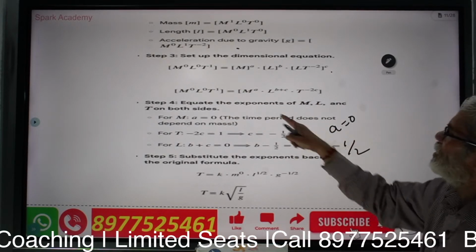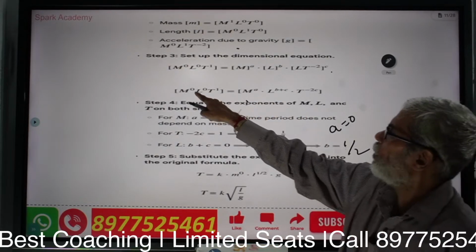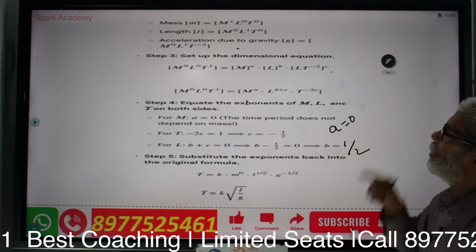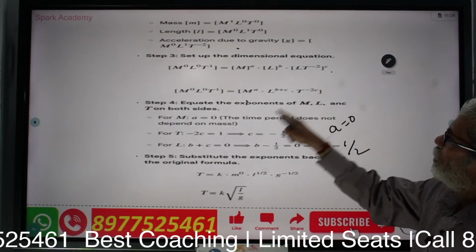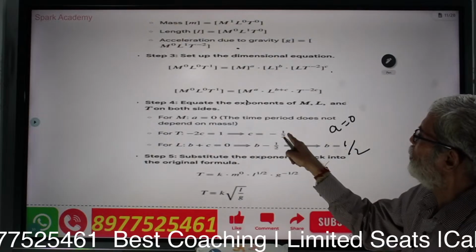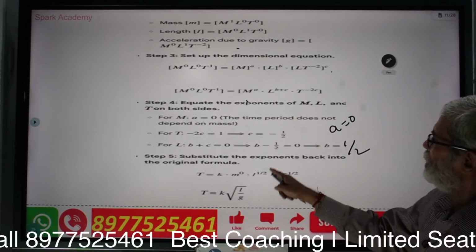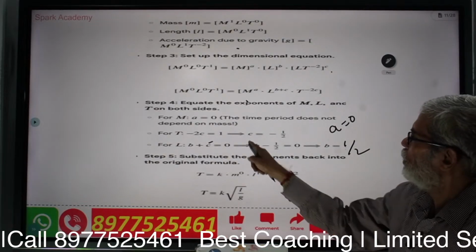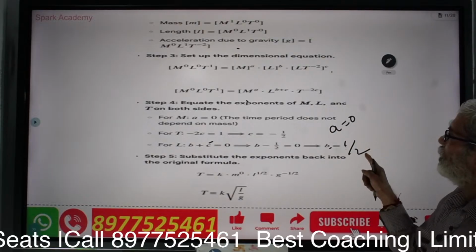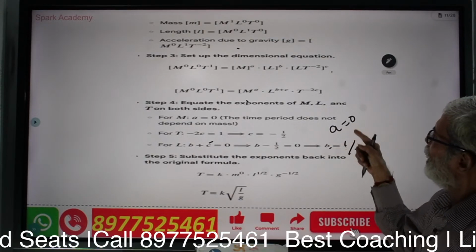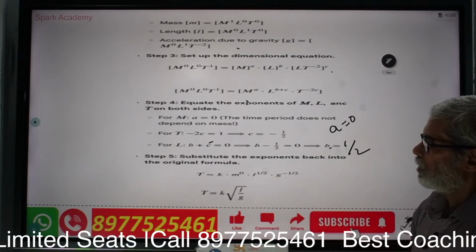You will be getting A equal to 0, because the power of M is A here and the power of M is 0 on the other side, so A will be 0. Here the power of T is minus 2C, so minus 2C is equal to 1 means C will be minus half. Similarly, B plus C is equal to 0, and C is minus half, so B will be half. If you substitute the values of A, B and C in this, you will be getting this formula.